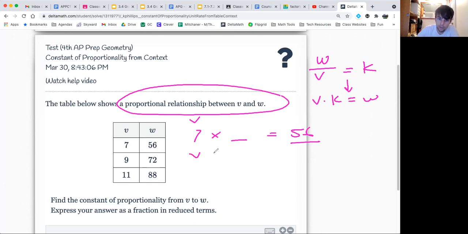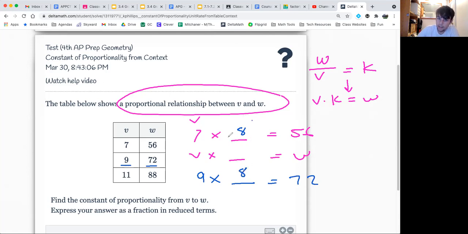So essentially we're doing V times what is going to equal W. That's what we're answering about this first one here. V times what is 56. For this one, it's 8. 7 times 8 is 56. And then following through with these other values as well. 9 times what is 72. Again, that's 8.